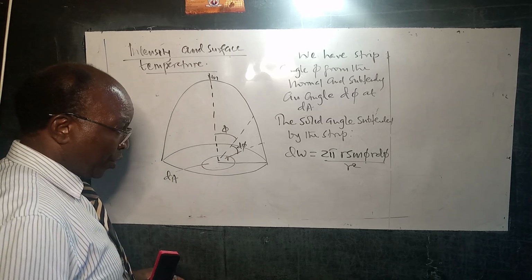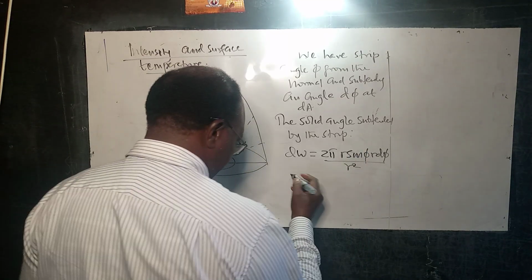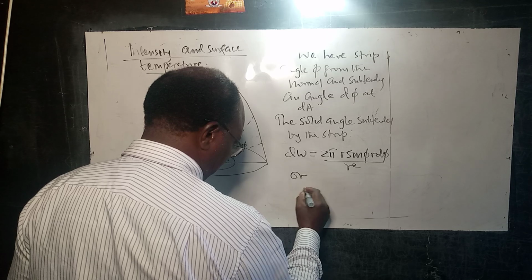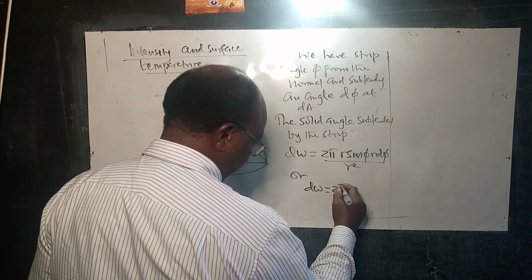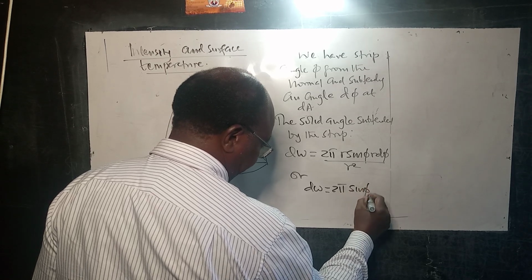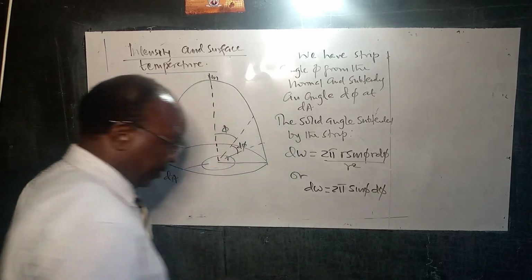And if we look at this, we can eliminate the r squared. d omega is 2 pi sine phi d phi.